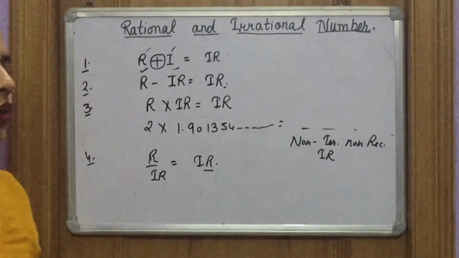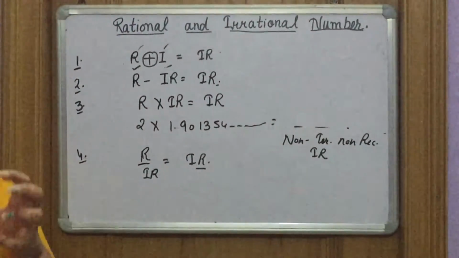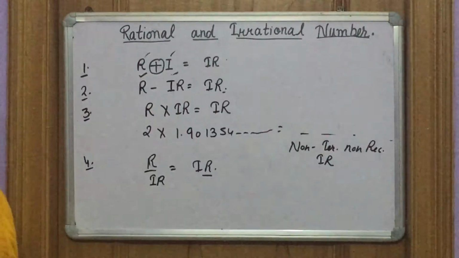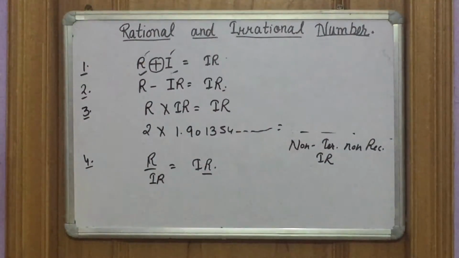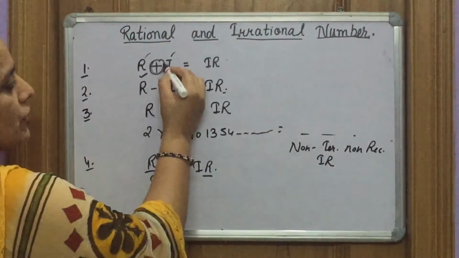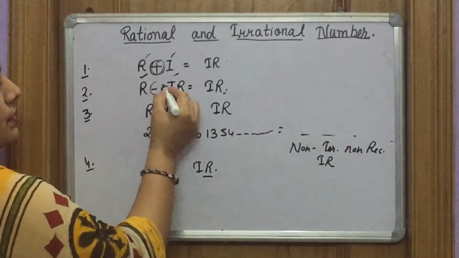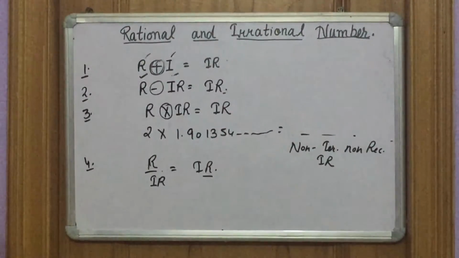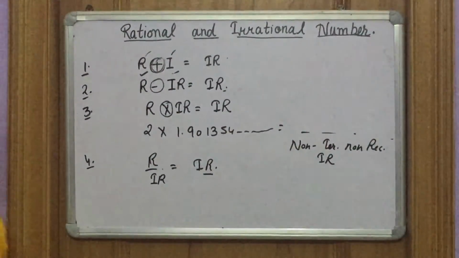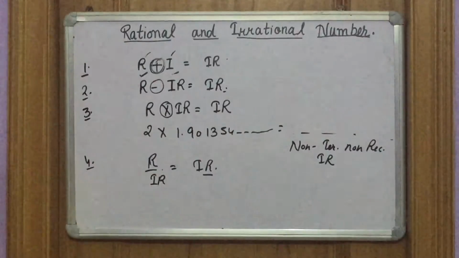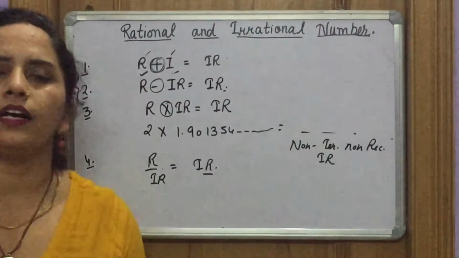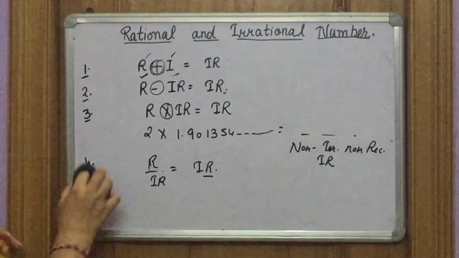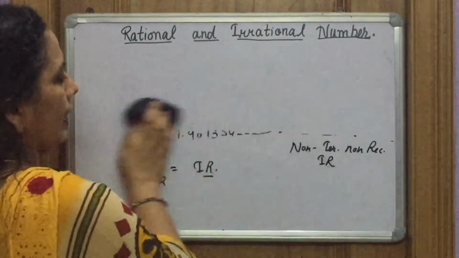So here we conclude, if we apply any operation, plus, minus, multiply, divide, between a rational and irrational, then our final answer is again irrational. So now let's start our exercise 1.5.